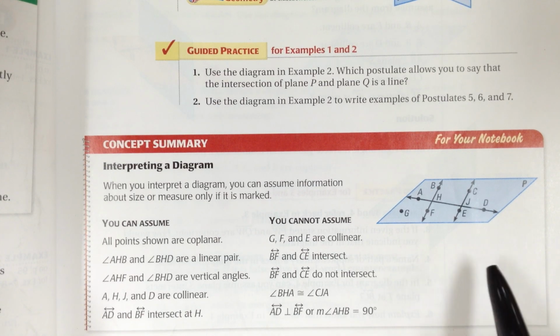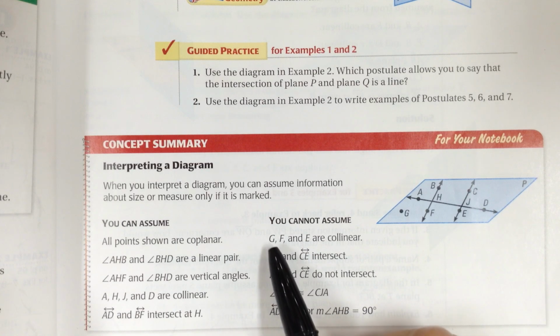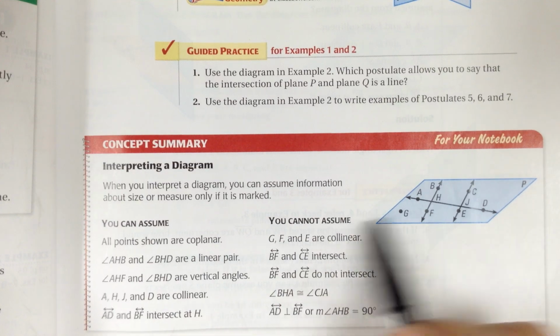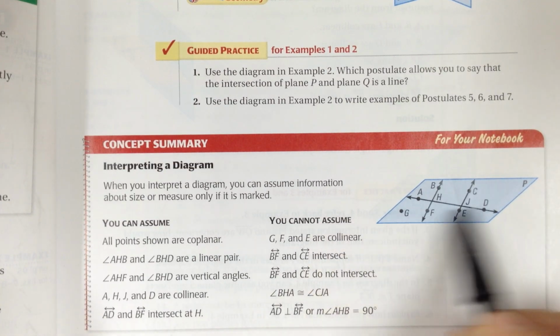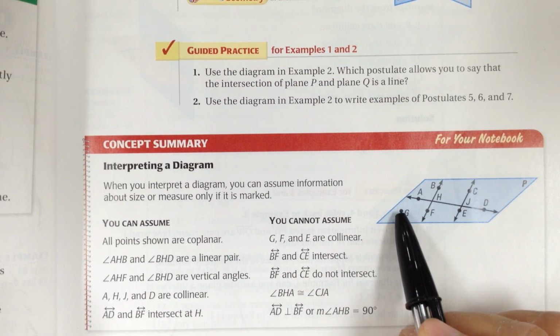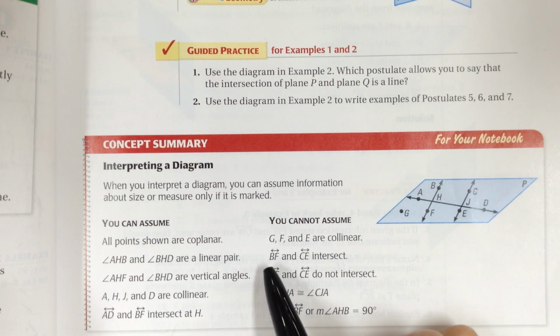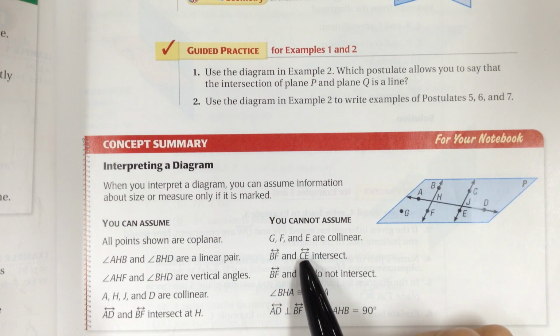Now, by looking at this diagram, there are certain things you cannot assume. You cannot assume that G, F, E are collinear. If you don't see the line going through them, you cannot assume it, because they may be off a little bit. You also cannot assume that BF and CE intersect.